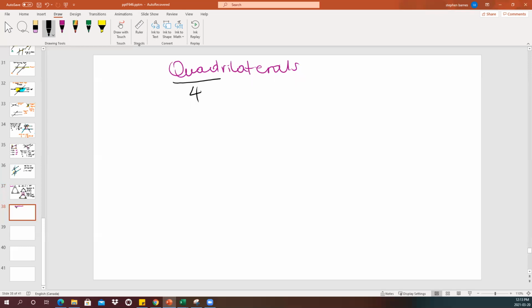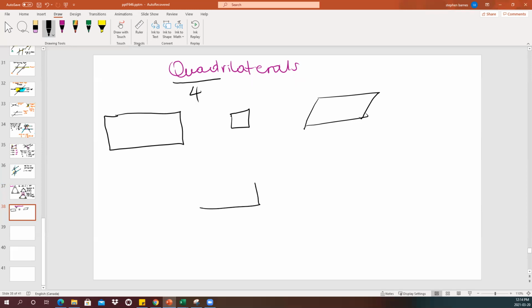And I stress the 4 sides, because it doesn't matter if it's a rectangle like this, or if it is a square. I hope that looks squarish. Or if it is, what is this now? A rhombus. Or if it is a trapezium. It doesn't matter if it looks like something you've never seen before, as long as it has only 4 sides, the rule will apply.